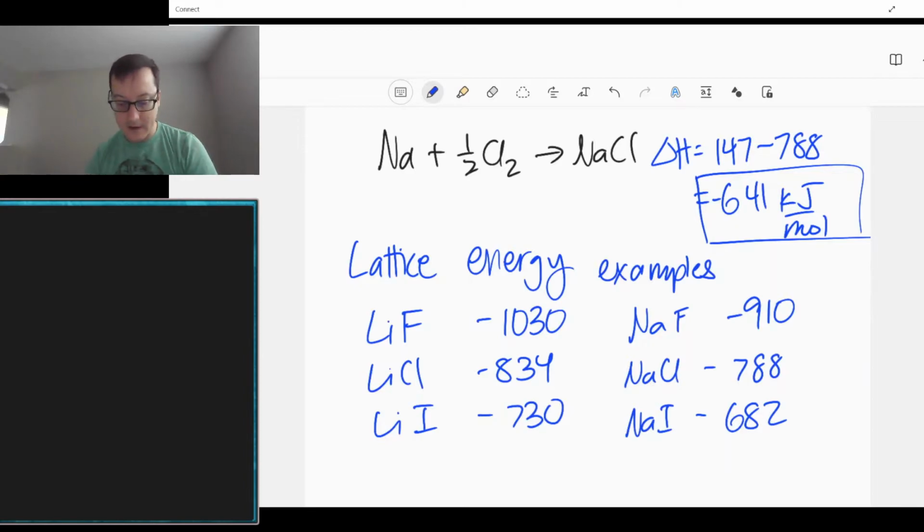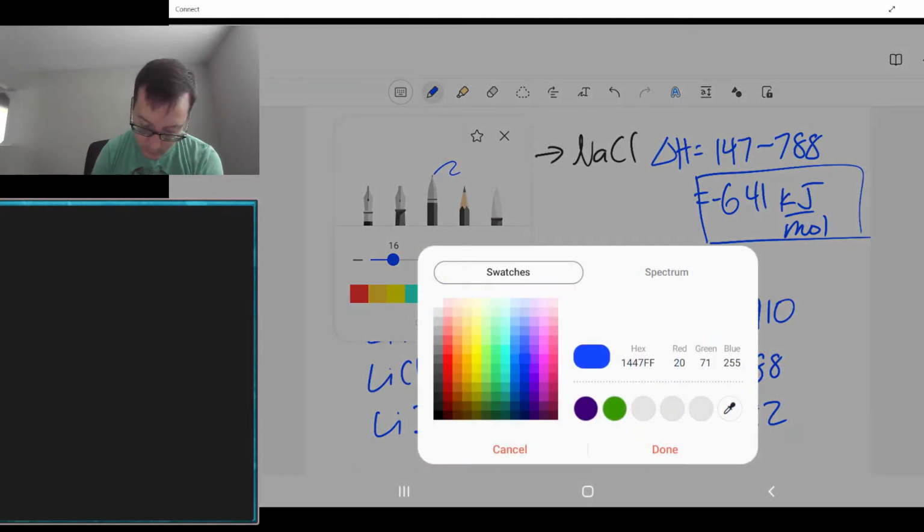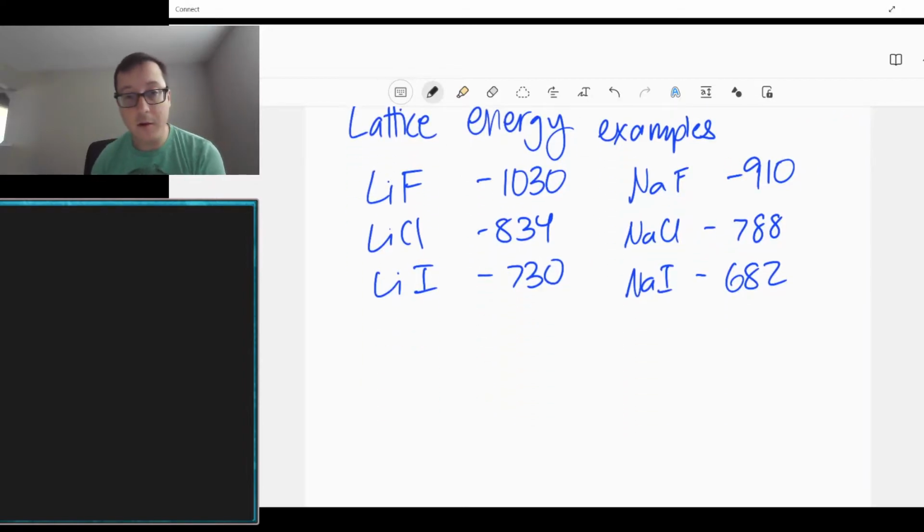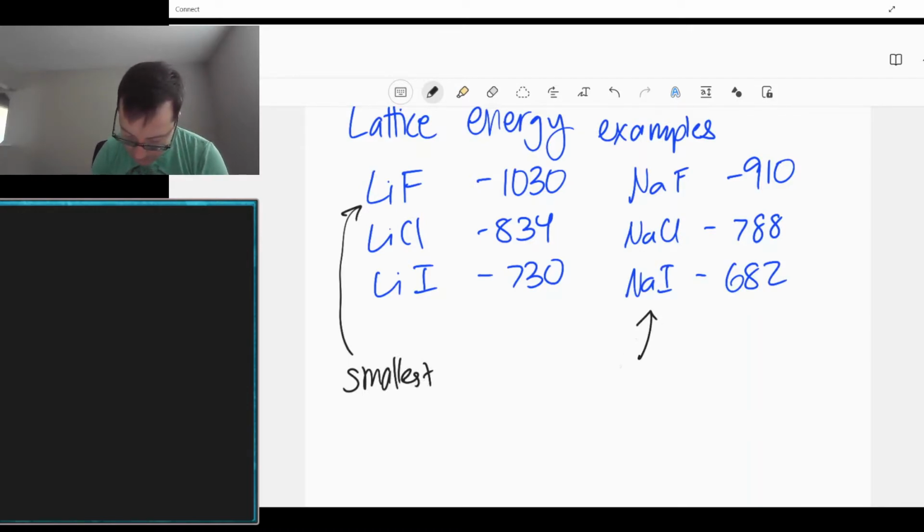So there's a couple things we probably notice here. If we take a look at the size of these things, we know that of all the atoms present here, lithium and fluorine are the smallest ones, right? They are in the highest level of the periodic table. So notice here that we have our smallest ions, and here we have our biggest ones.